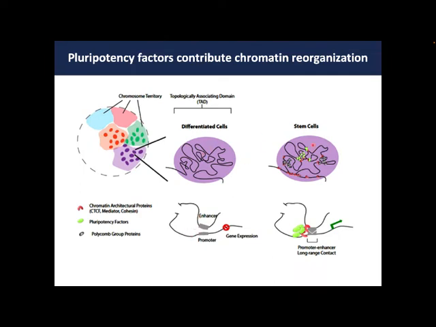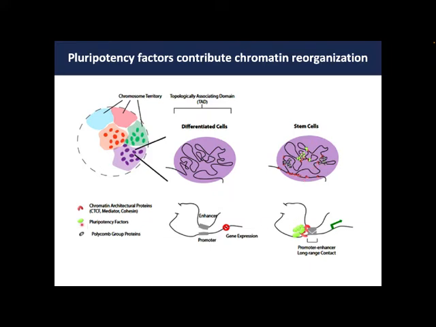However, after reprogramming, if we overexpress the pluripotent factors, or the endogenous pluripotent factors are turned on, they recruit chromatin architectural proteins and also fortify the long-range contacts, especially between promoter and enhancer, and the pluripotent genes or stem cell maintaining genes are turned on this way.